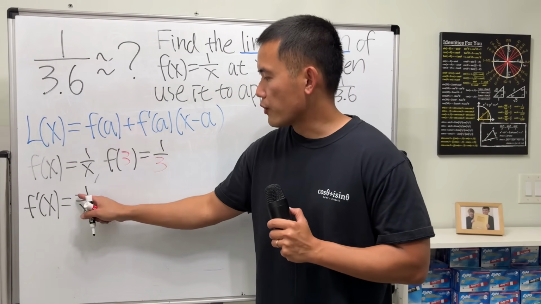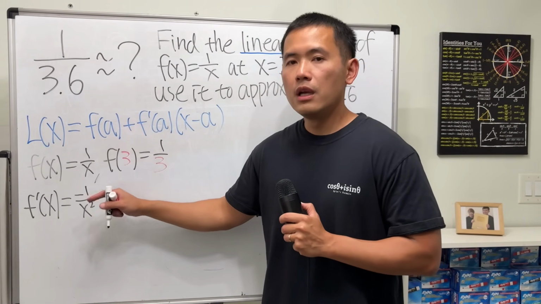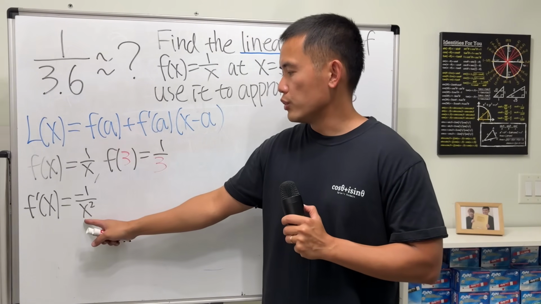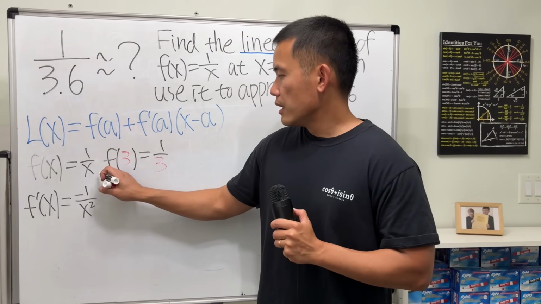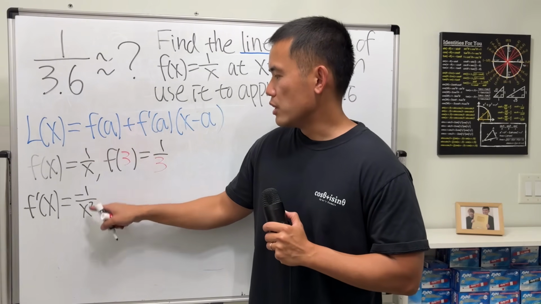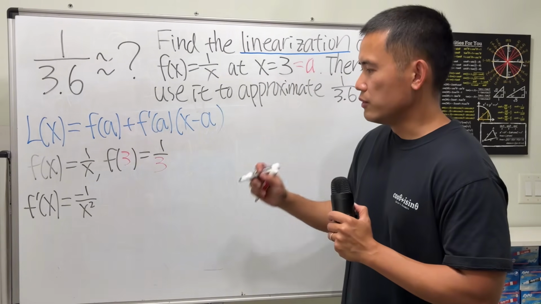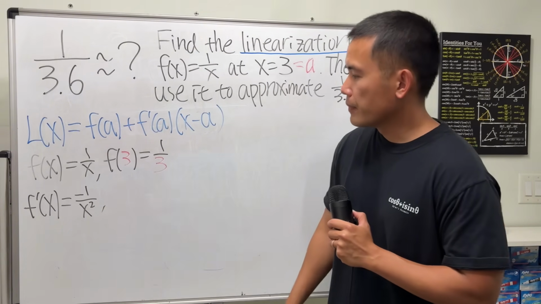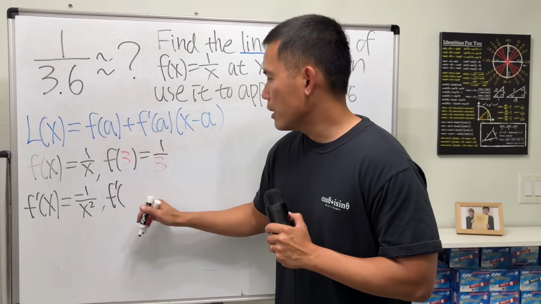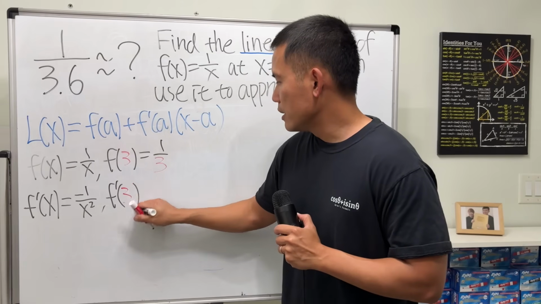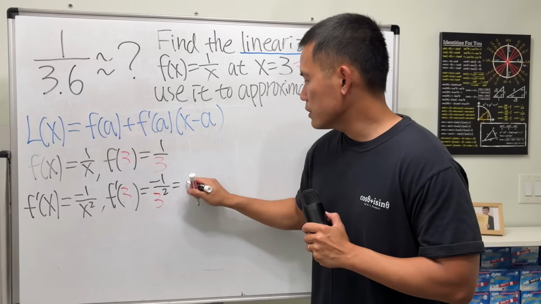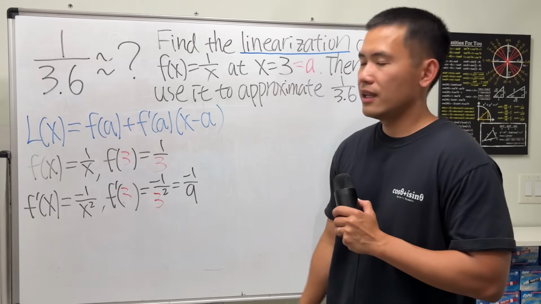Bring the negative 1 to the front, and then subtract 1 from the exponent. So we get x to the negative 2, which you can bring down right here. Well, you can just remember it from here to here, because this is a pretty common function. If you know it, then you can write it down, so you don't have to do the power rule every single time. Then we want f prime of 3. That means we just have negative 1 over 3 squared, which is negative 1 over 9.